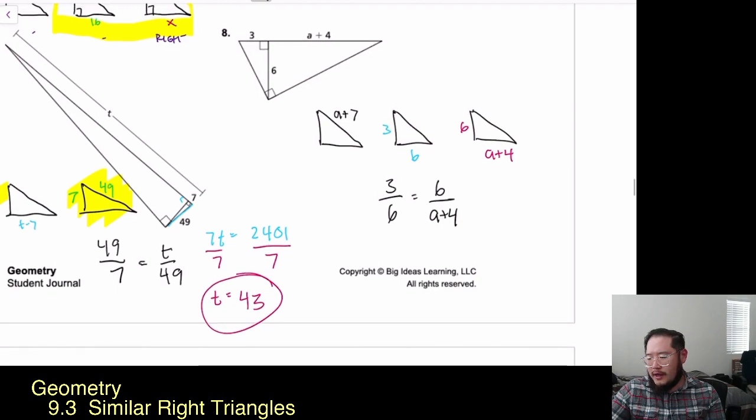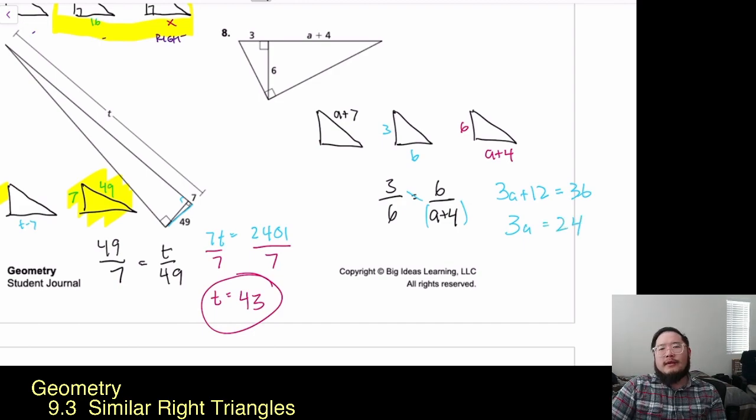And I've got 3a plus 12. That's equal to 36. All right, and then let's finish this off. I'll subtract 12 from both sides. 3a is equal to 24. Divide both sides by 3, and a is equal to 8. All right. Hey, you did it.